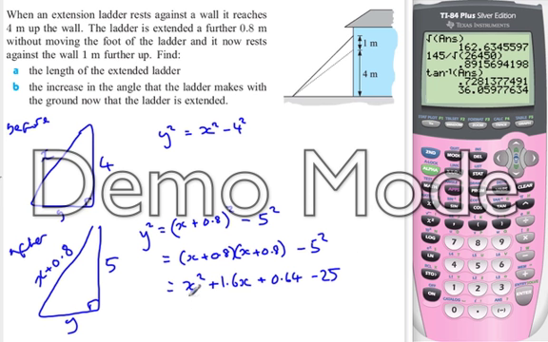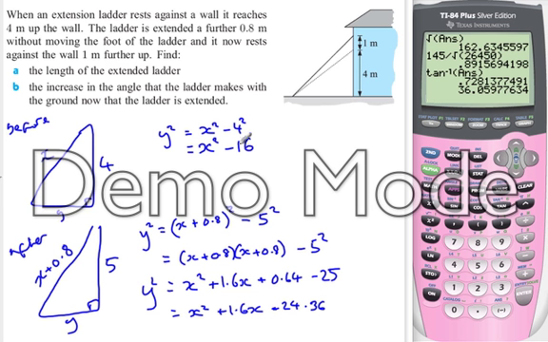So this is x squared add 1.6x minus 24.36 if I combine these two parts. And here we've got x squared minus 16.